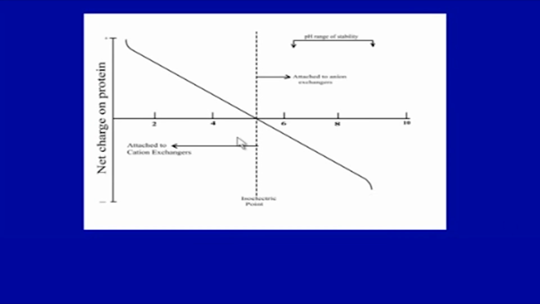This figure shows that if this is your pI value and the range of stability for a protein is a certain pH range, then that could be utilized, and a particular pH of stability could be used for purification. So, the net charge of a protein as a function of pH is shown, along with the pH range for stability and for binding to cation and anion exchangers. You can say it will bind accordingly as per its pH, whether the pH is above or below.